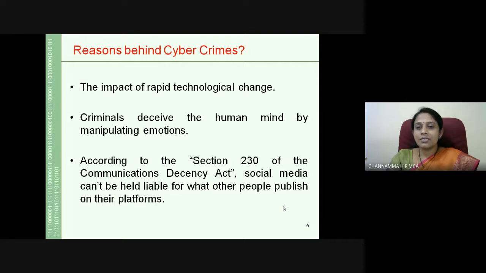But otherwise nobody is restricted. If social media itself verified our messages or the information we put onto their platforms, and then published it, it would be very easy for any common man, right?